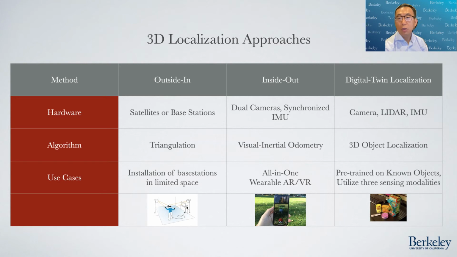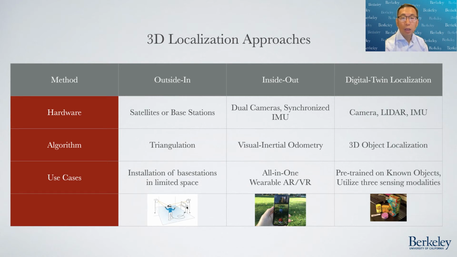Oftentimes, triangulation, after an accurate calibration, merely takes the time complexity to search in a lookup table. So therefore, it is very cheap. But it also comes with its baggage that the environment needs to be instrumented, and it does not work if the user walks out of the limited space.